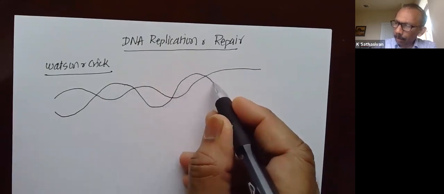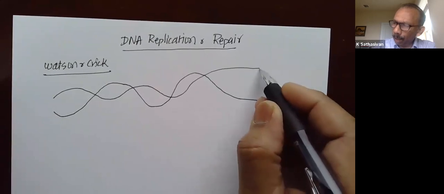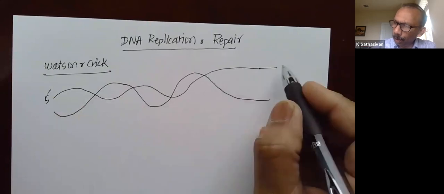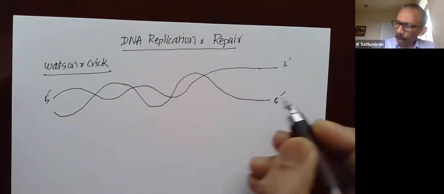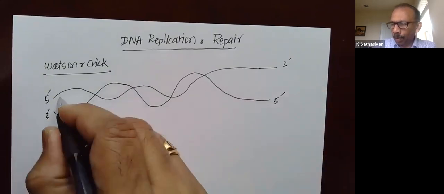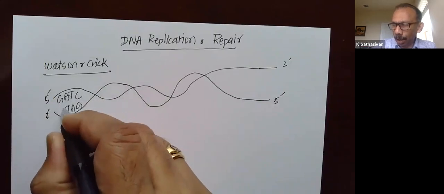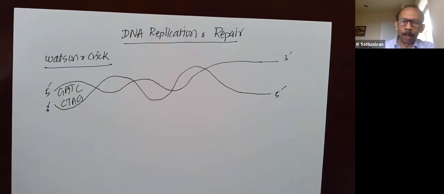Okay. So they said when the DNA is going from, say, 5' to 3', you have this sequence GATC, with the nitrogenous bases in the middle.